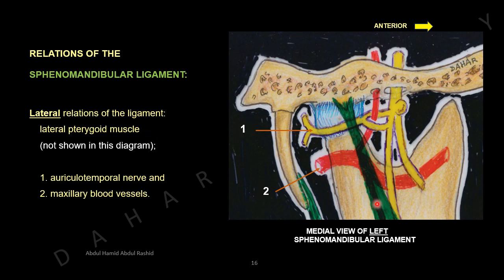It is not shown in this diagram. Next, the structures on the lateral side of this ligament are number 1, the auriculotemporal nerve, which comes from the third division of the trigeminal nerve, that is the mandibular nerve, and number 2, the maxillary blood vessels. Both are lateral to the sphenomandibular ligament.